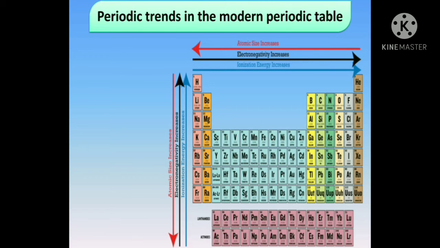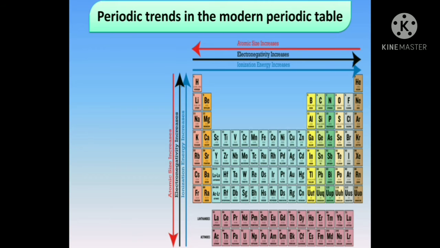Let us understand with this periodic table. While going from left to right, within a period, the outermost shell remains the same. When we studied atomic size, we understood this completely. However, the positive charge on the nucleus goes on increasing and the atomic radius goes on decreasing.